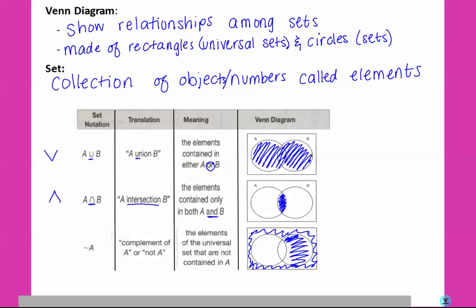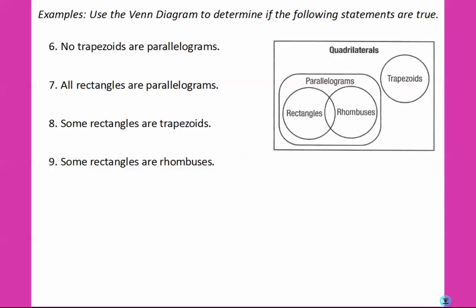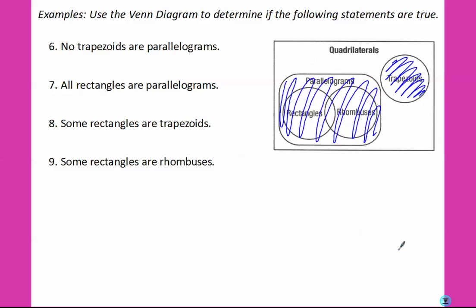So we're going to use a Venn diagram to see if the following statements are true or false. So the first one is saying no trapezoids, which is this circle here, are parallelograms, which is this circle here. Since the trapezoid circle does not overlap with the parallelogram, this is true.